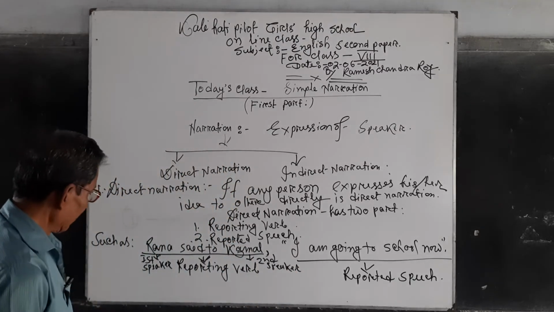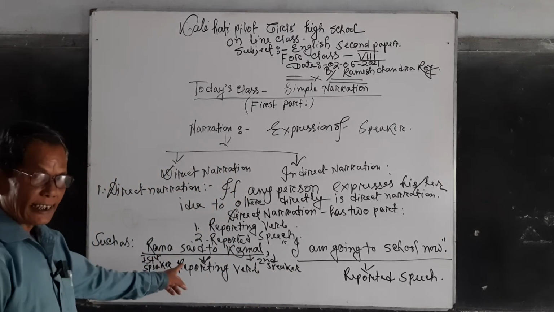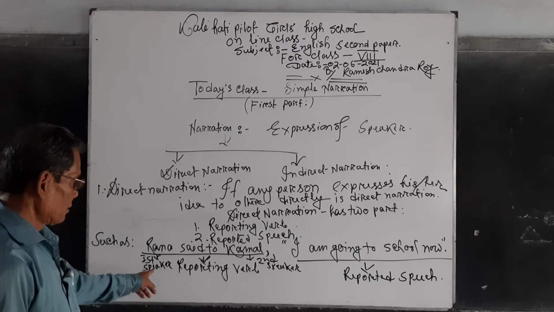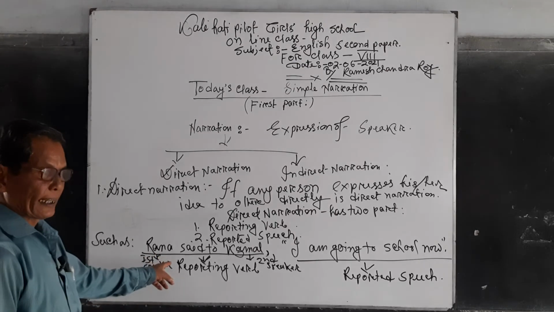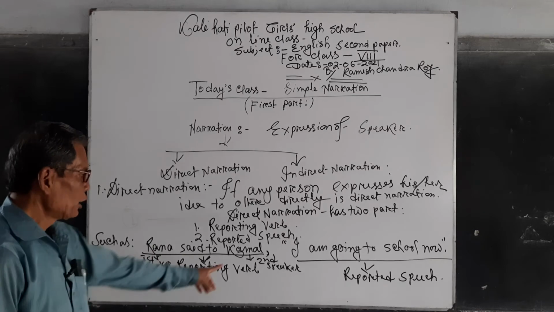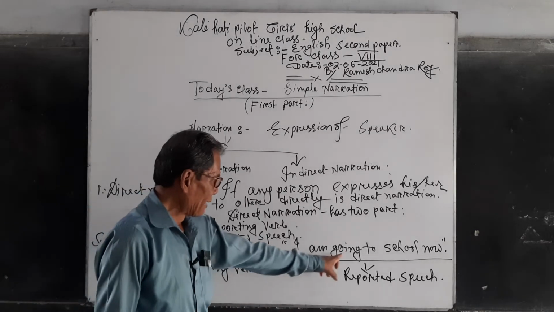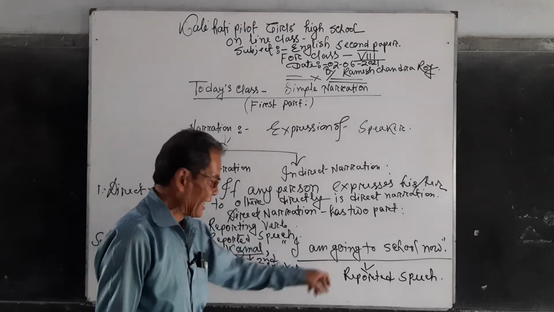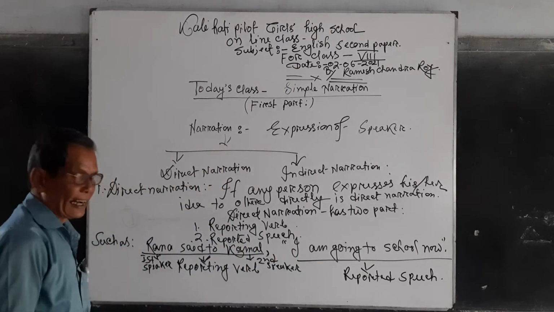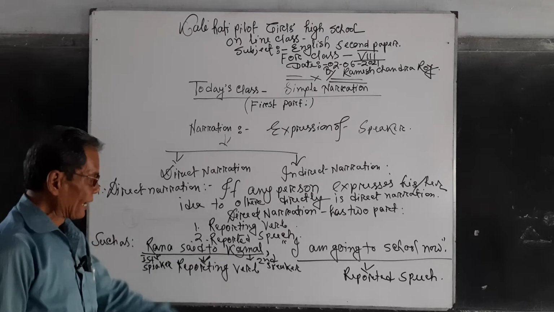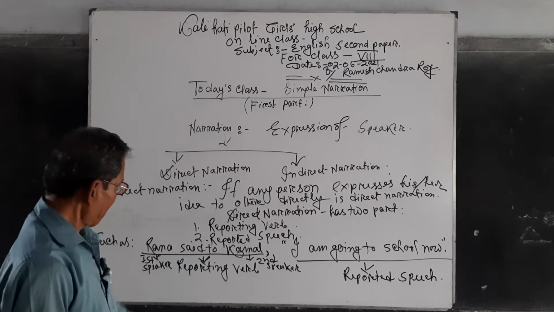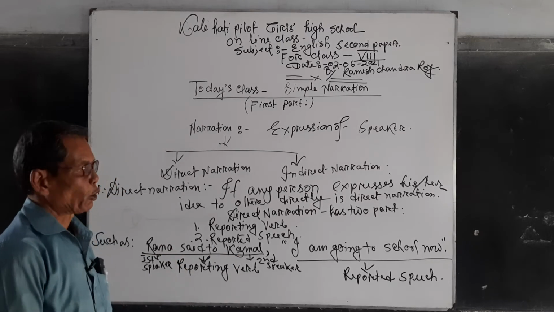We find here that the first speaker Rana expresses his idea to Kamal, the second person. I am going to school. This is the idea of the first speaker Rana. That is why it is called direct narration. Okay?